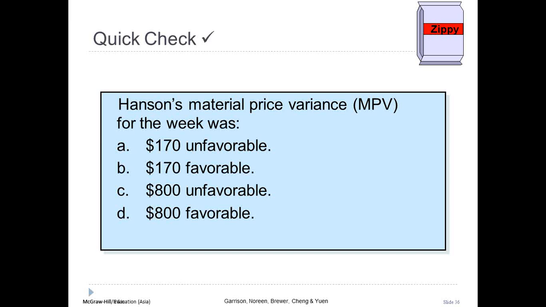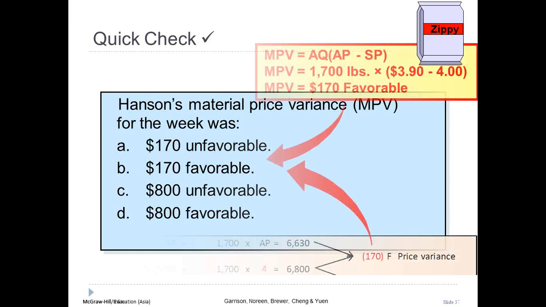So, what is Hansen's material price variance for the week? We find the material price variance by multiplying the actual quantity of material purchased times the difference between the actual price per pound and the standard price per pound.